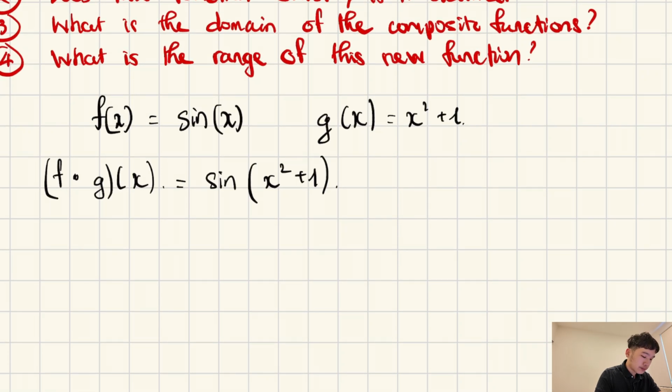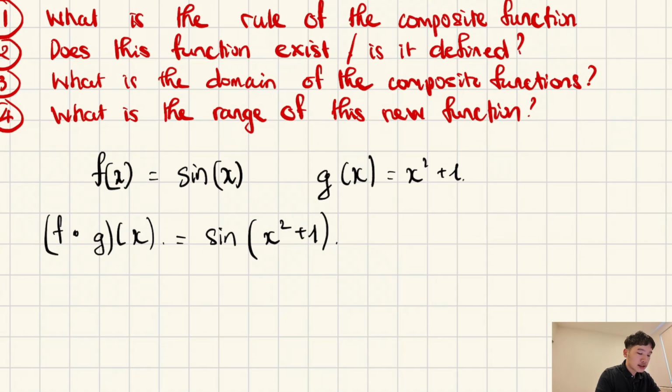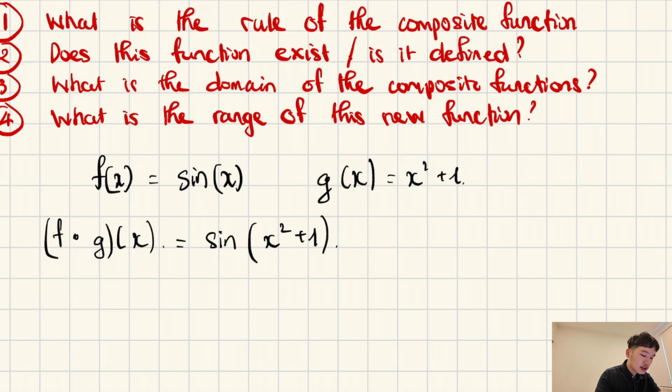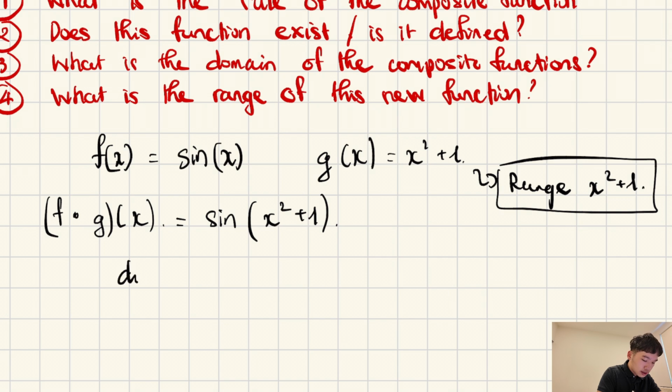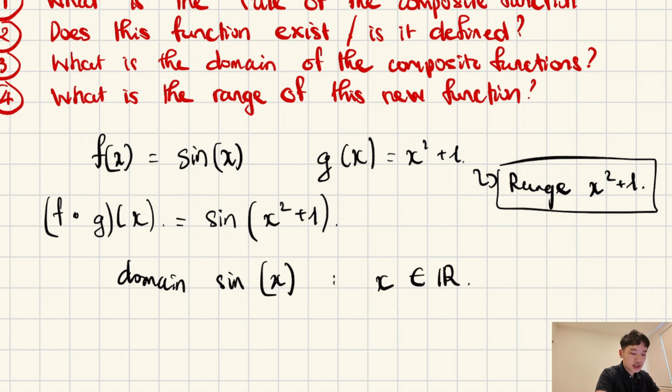And so, does this function exist? If we want to know if this exists or not, we need to find the range of x squared plus 1 and see if this range fits into the domain of sine. So we know that the domain of sine x is x included in the real numbers, so all real numbers.